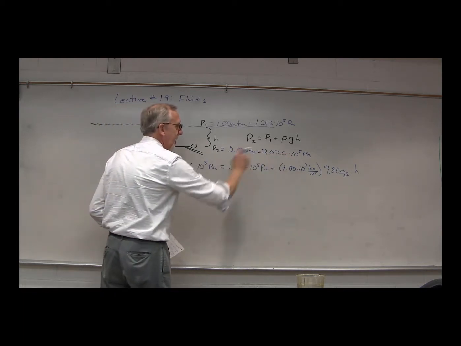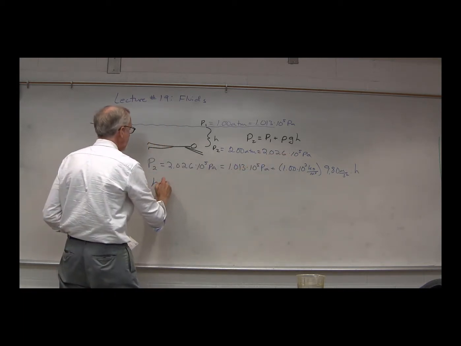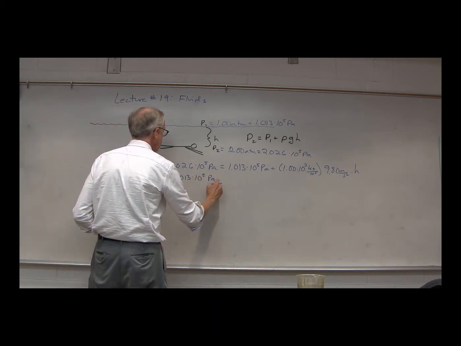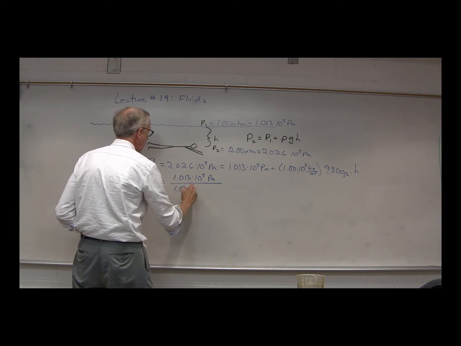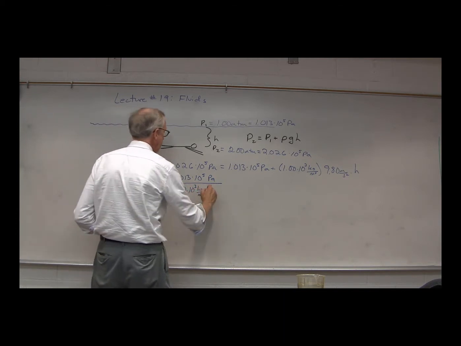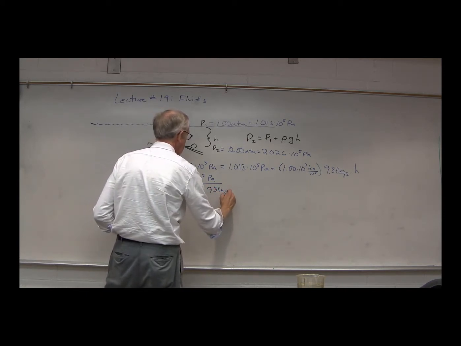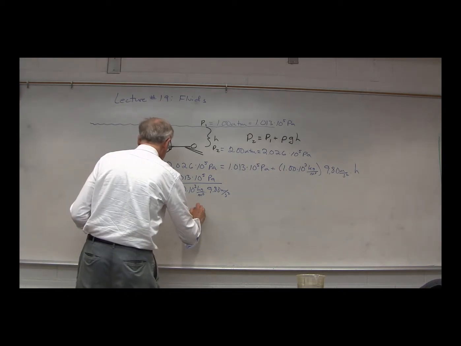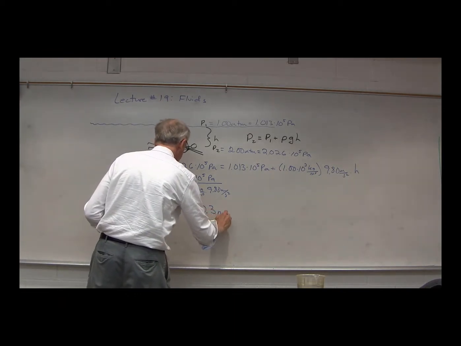We'll divide by the 1,000 by the 9.8, so H is 1.013 times 10 to the 5th pascals divided by 1.00 times 10 to the 3 kilograms per cubic meter times 9.80 meters per second squared. Divide that all out and you'll find that H is 10.3 meters.